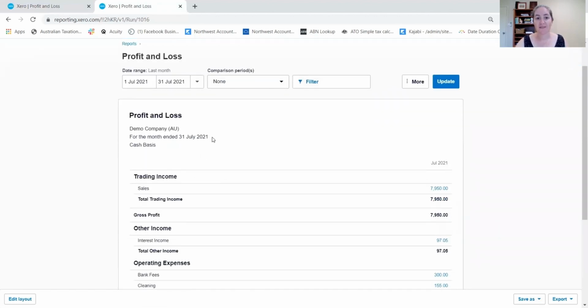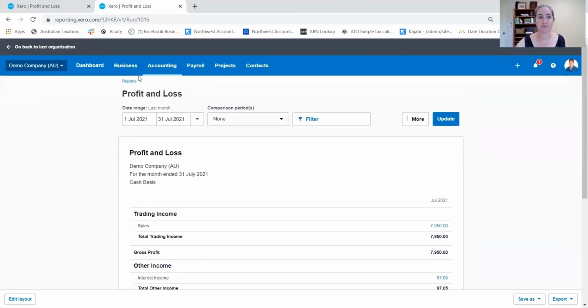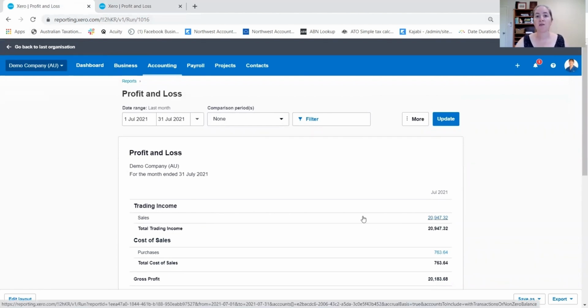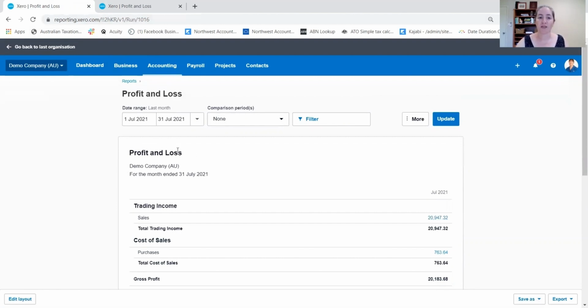So July, with a cash basis, sales are 7,950 compared to 20,947. So the difference comes from timing. Like I said before, the profit and loss statement here, the accruals version, which is the right version, this one has all of your invoices.